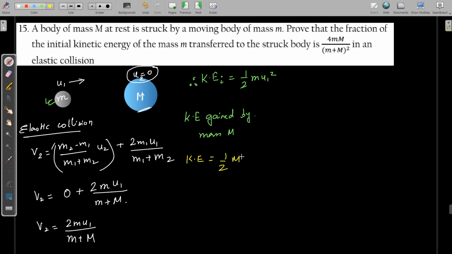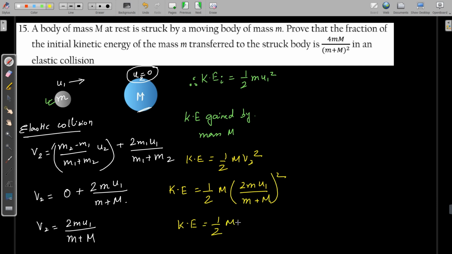Half capital M v2 square. This is the velocity with which it moves after collision. What is v2 then? 2m u1 by small m plus capital M, whole square. So if I do this, I am going to get half capital M into 4 small m square u1 square divided by (small m plus capital M) whole square.